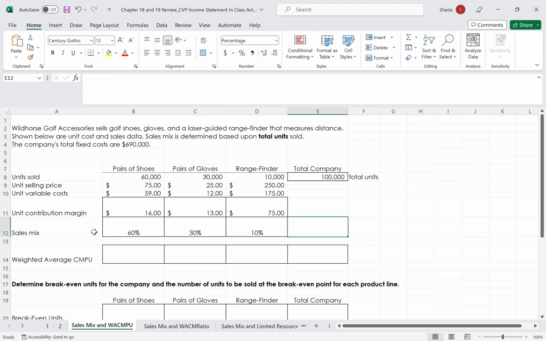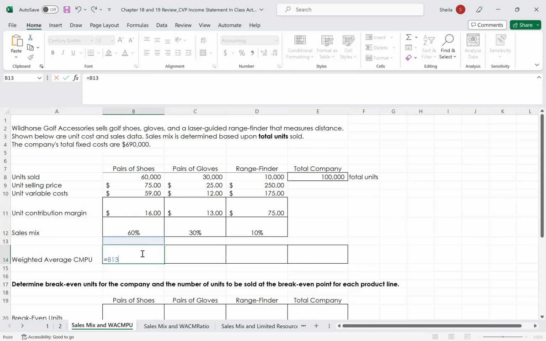So what does that have to do with weighted average? When we think about it, if our total units are 100,000 and each of these represent the amounts that we've sold, in order to come up with a weighted average, we're going to have to use the sales mix and the unit contribution margin. Now I do that because I'm not getting 100% of the benefit from this $16 of unit contribution margin.